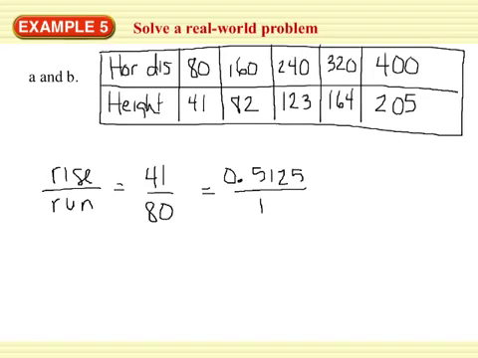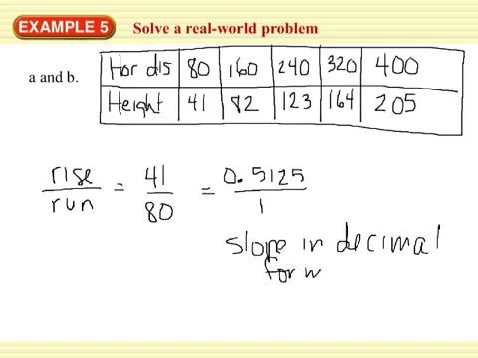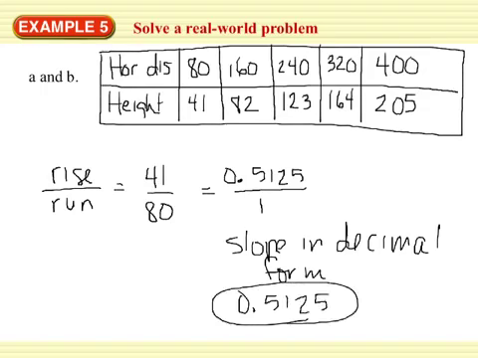Okay, so this is our slope in decimal form, which is much more useful in the real world. So that's our slope of the Magnum XL 200.